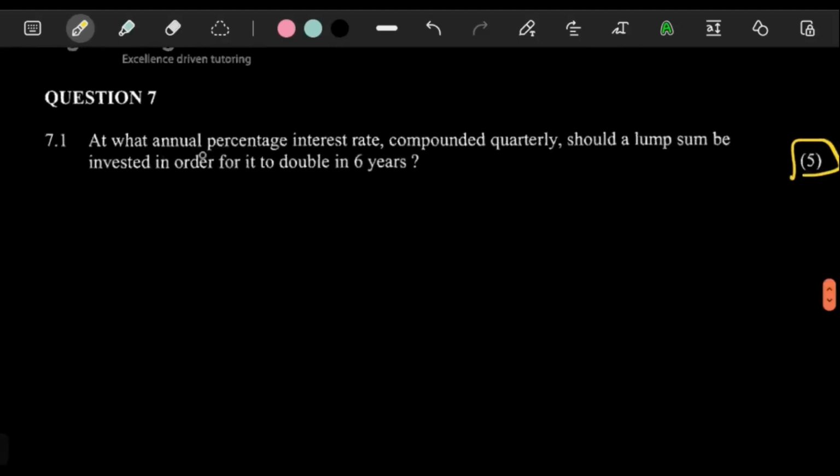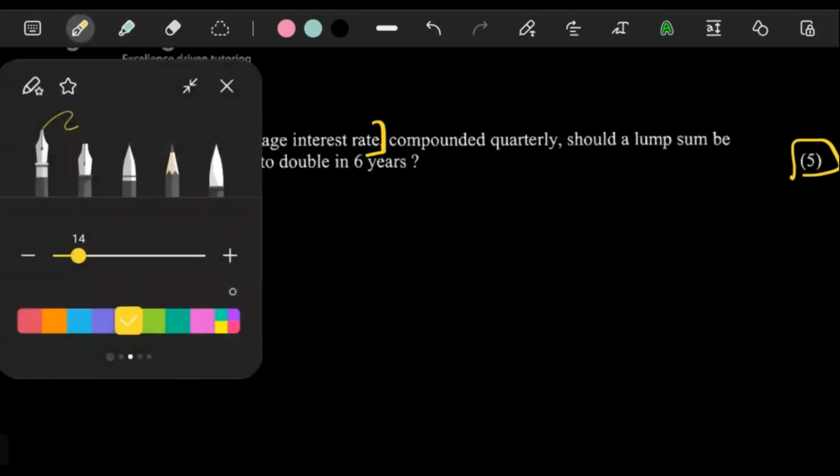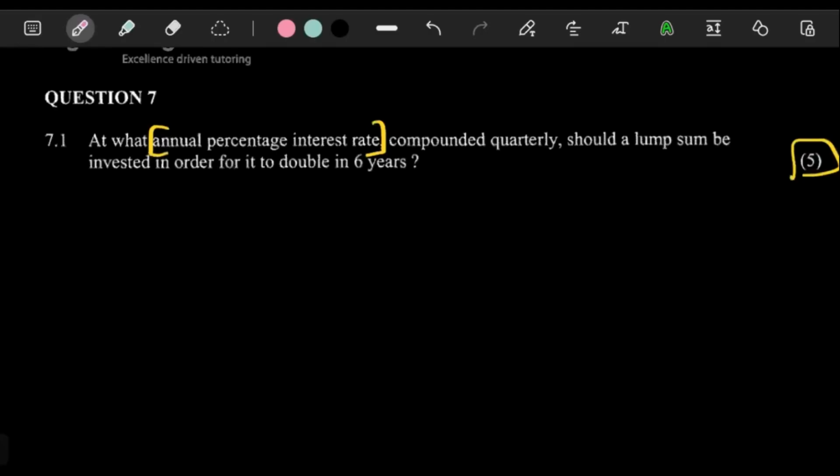At what annual percentage interest rate? So we're talking about annual percentage interest rate, compounded quarterly, should a lump sum be invested in order to double in 6 years? So this is where things get a bit interesting, right?